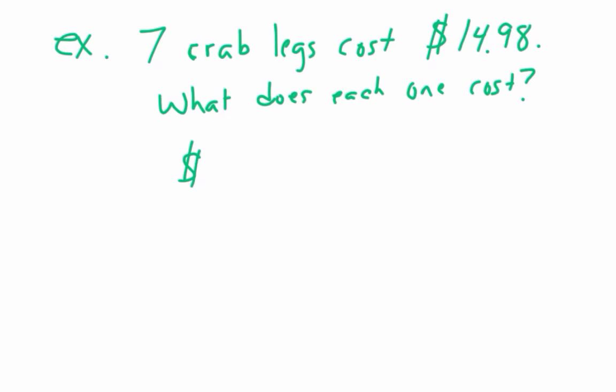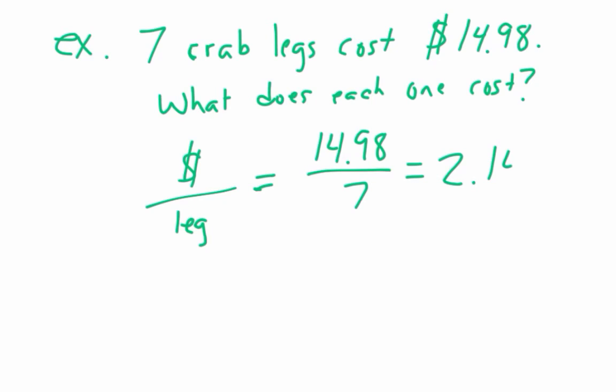So if I want to get the cost per leg, you could say, oops, so cost per leg, I just do my $14.98 divided by 7, which gives me then $2.14. So it's $2.14 per leg.